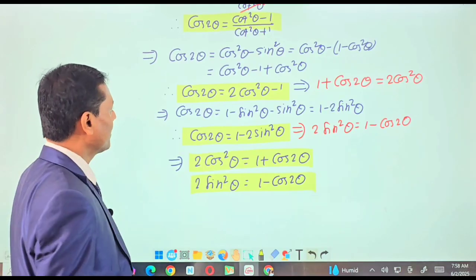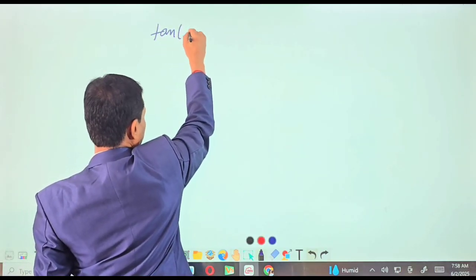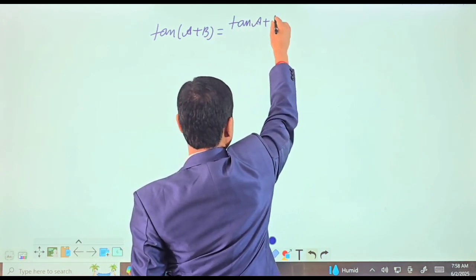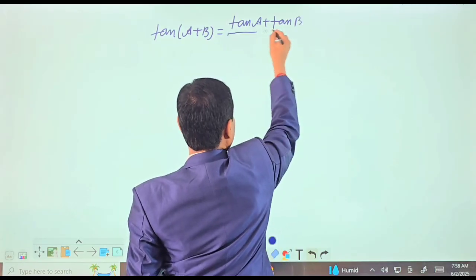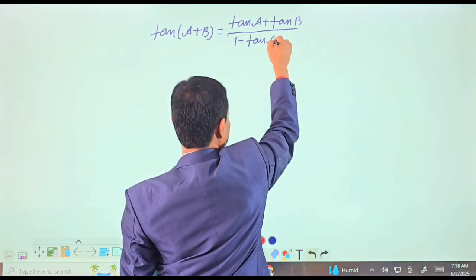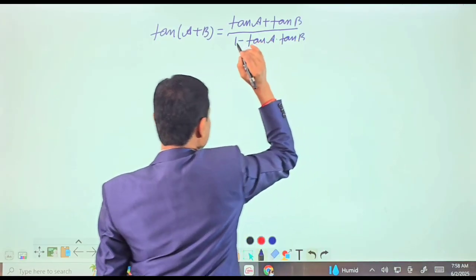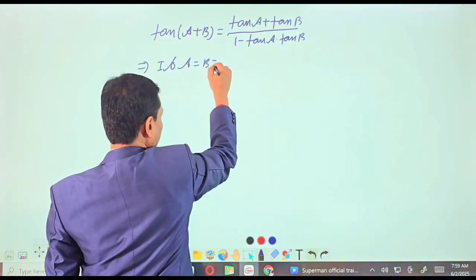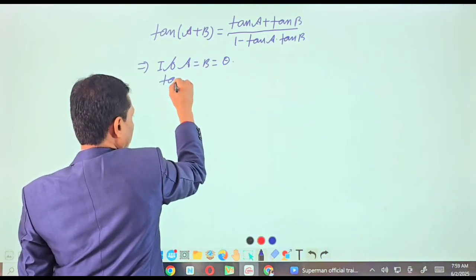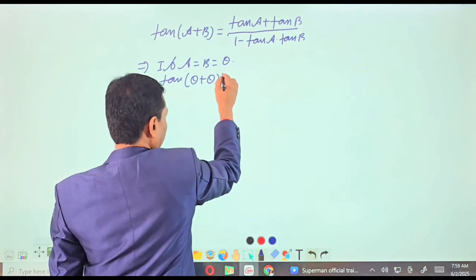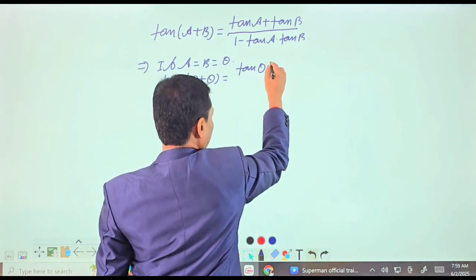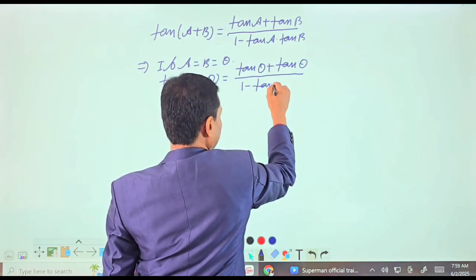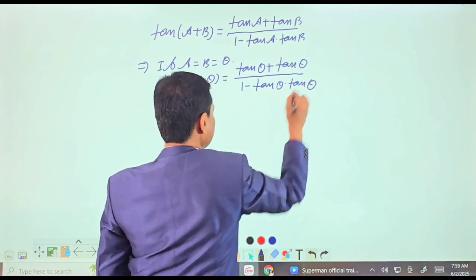Moving forward, let's take tan a plus b. So tan a plus b equals tan a plus tan b over 1 minus tan a dot tan b, right? Here also, if a equals b equals theta, then we have tan theta plus theta equals tan theta plus tan theta over 1 minus tan theta dot tan theta, isn't it?